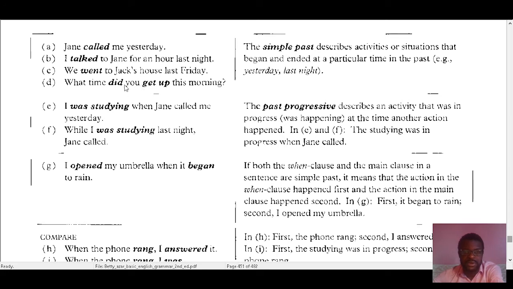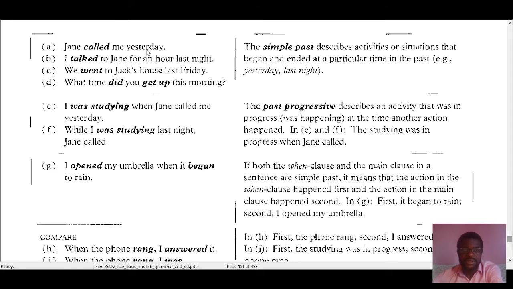So here again, what time did you get up? This one is a question. Our verb is always in the base form. If it is a question or a negative sentence, we're going to look at all that later. But for now, I just want you to focus on this particular one, and you can see our time words.